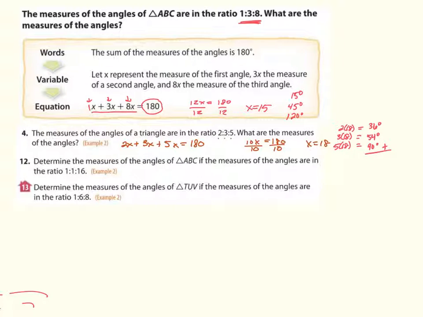Now to double check, you can add those 3 up to make sure you get 180 degrees. So 36 plus 54 plus 90, well, what do you know? 180 degrees. So this is x, and these are the angles.